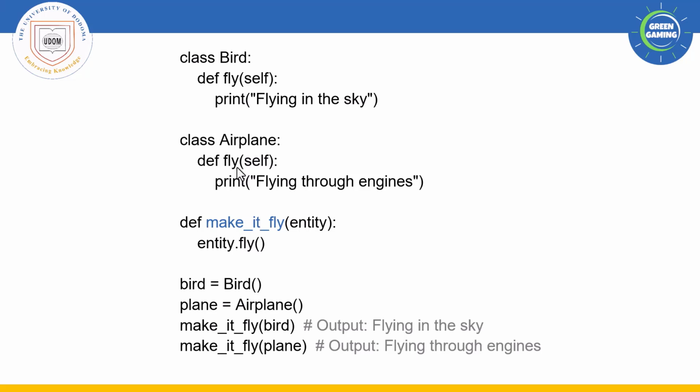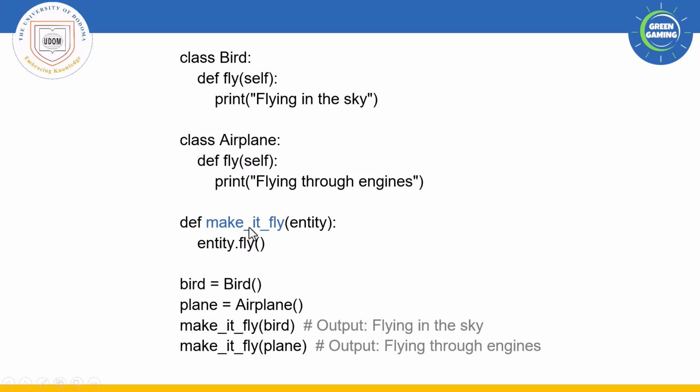We can have other subclasses which inherit from this superclass, and will also inherit that method fly. But we can implement this method fly depending on the class. An airplane can fly through an engine, a bird can fly in the sky, and so forth.